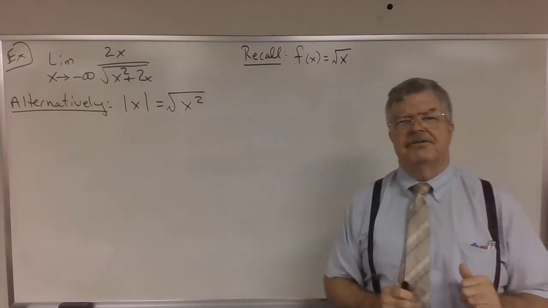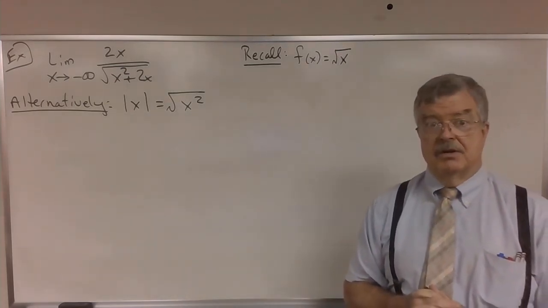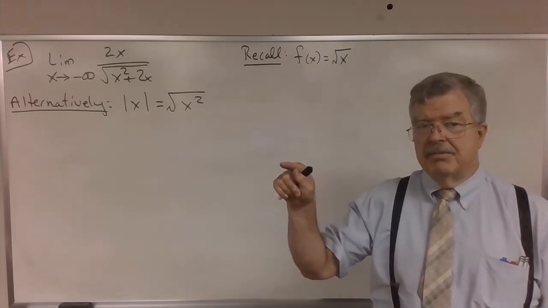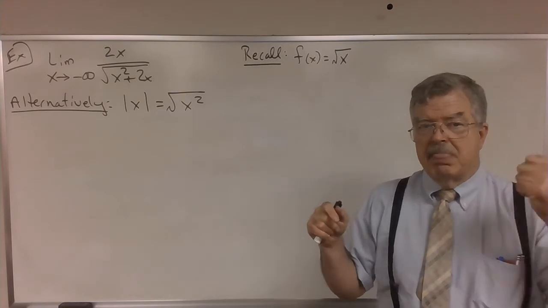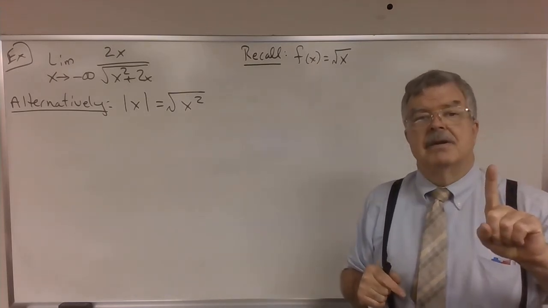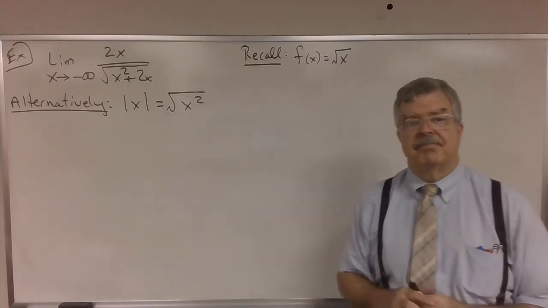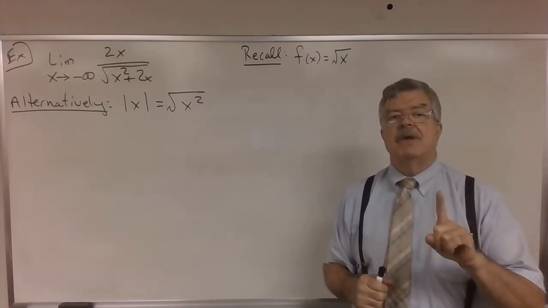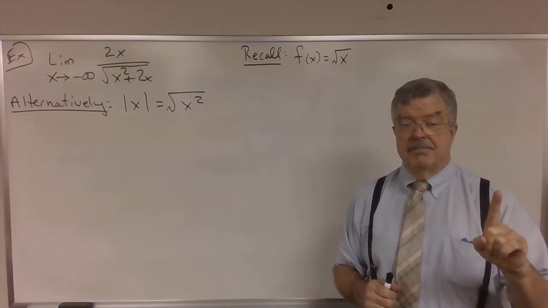Remember what a function is. A function is a rule that allows us to plug in one real number and it gives us out one real number. We plug in a real number, one real number, and we get out one real number.